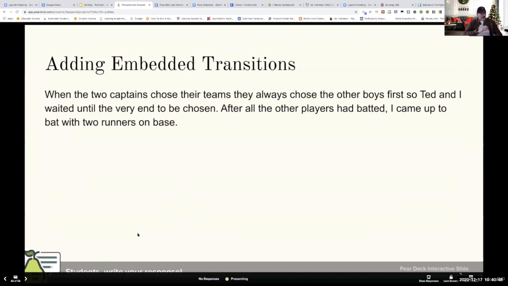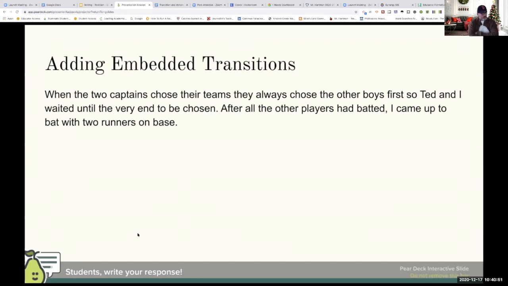Again, we're looking for something that moves the reader forward in time or orients the reader in time. And I'll give you a clue. There are two words and one phrase in this passage that we're looking for.